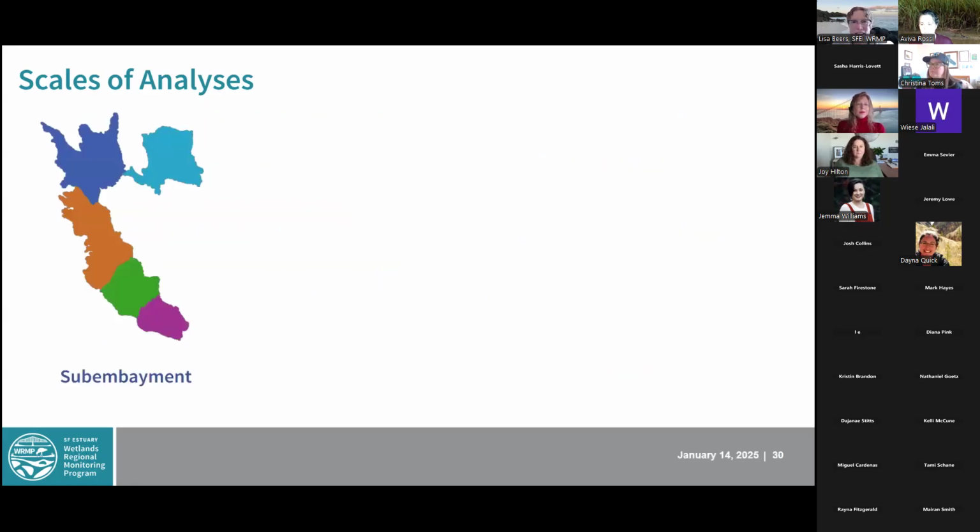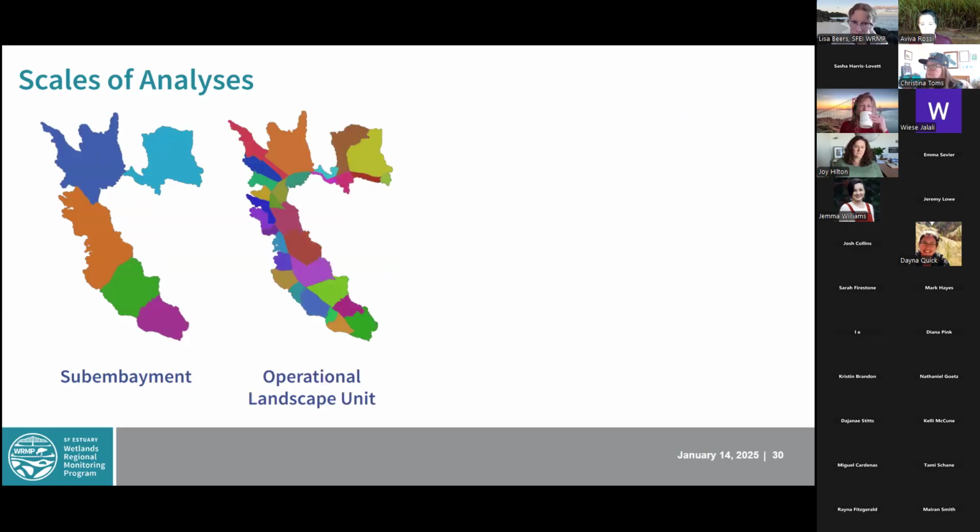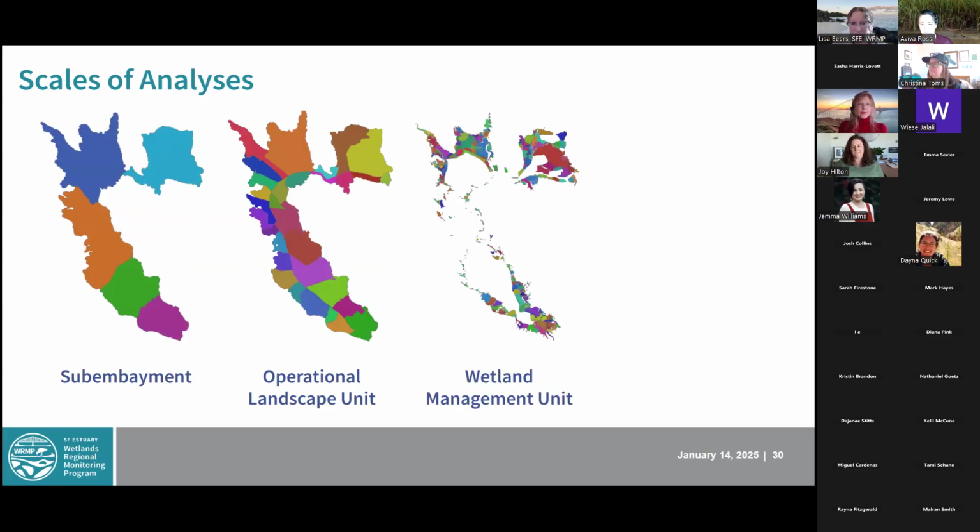And just to give you an example of how fine scale it can get, at the sub-embayment level, it's divided into 5 different levels within the estuary. Once you get to the OLU level, there are about 30 different OLUs within the estuary. Going further down to the wetland management unit, there are several hundred of these that were identified by many of you participating in this webinar, managers.